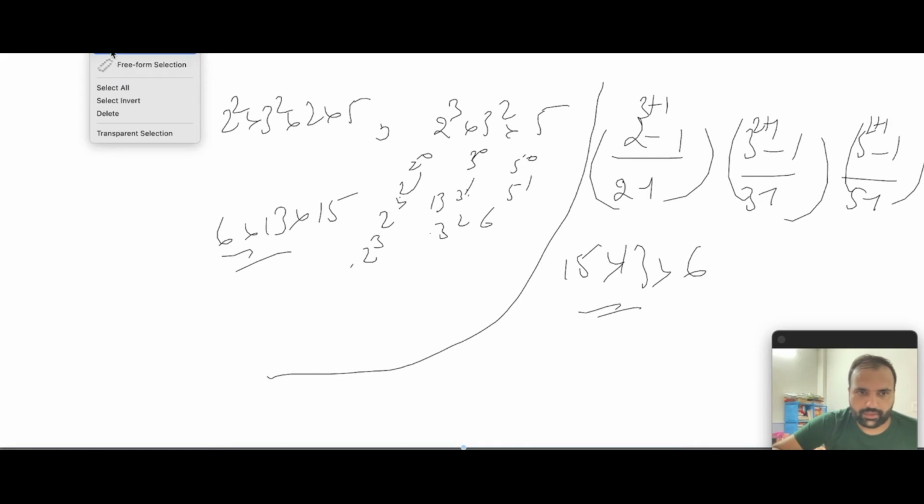Okay, so now can we generalize something over here? Try to generalize it and see if we can or not. Generalization of what? Sum of products.